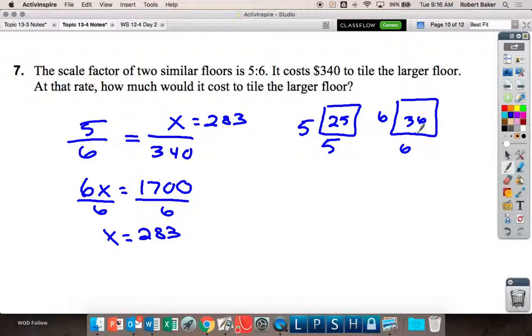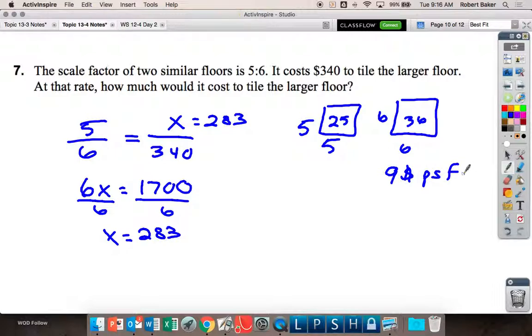So let's see, if you have a floor that's 5 by 5, it's 25 square feet. And if you have a floor that's 6 by 6, it's 36 square feet. So what's 340 divided by 36? 9? So this is $9 per square foot.